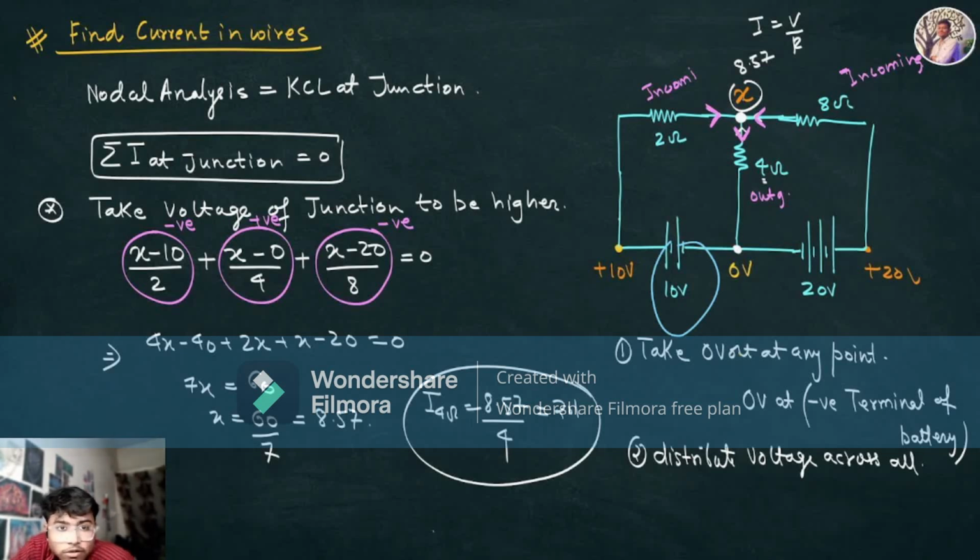In the second branch, it will be x minus 0 upon 4, and in the third branch, x minus 20 upon 8. And it will equal 0. We will find x, and after x we will find all the currents in the branches.